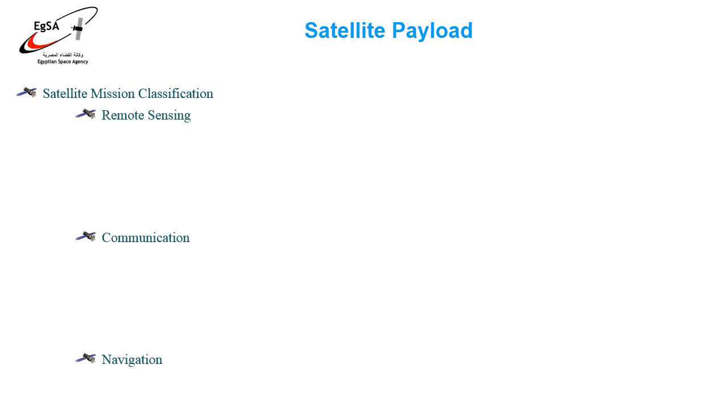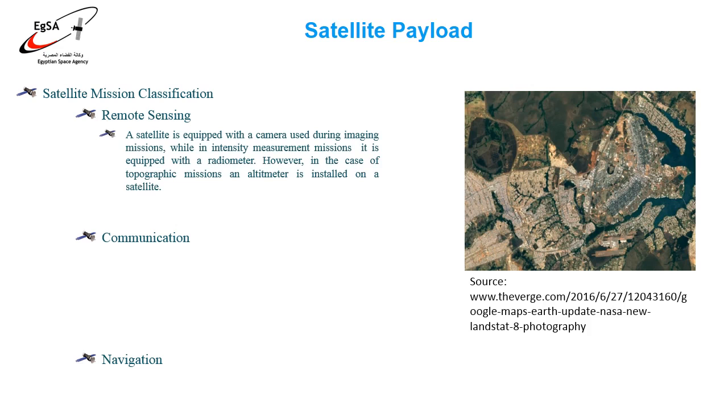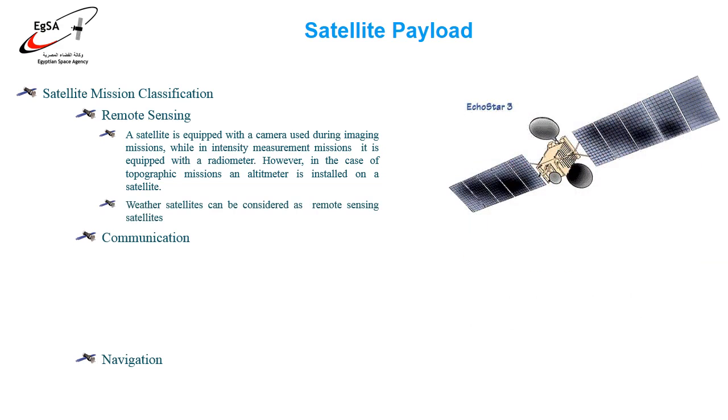In the case of remote sensing missions, a satellite is equipped with a camera used during imaging missions, while in intensity measurement missions, it is equipped with a radiometer. However, in the case of topographic missions, an altimeter is installed on a satellite.